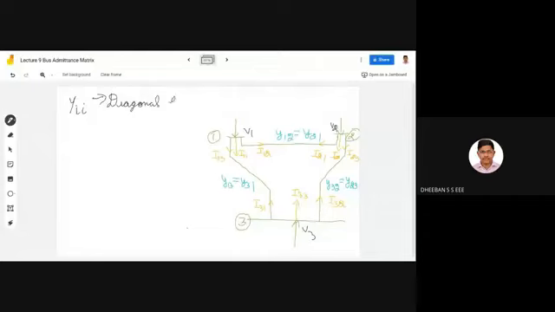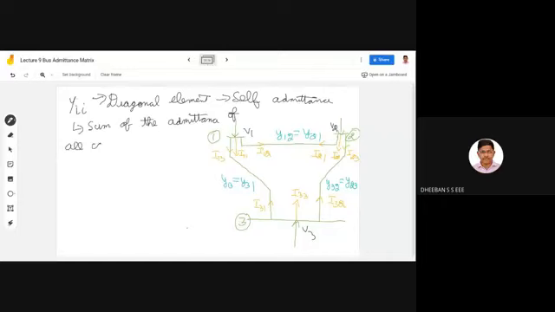This diagonal element corresponds to the self admittance, and generally you get it as the sum of the admittances of all components connected to the ith bus.